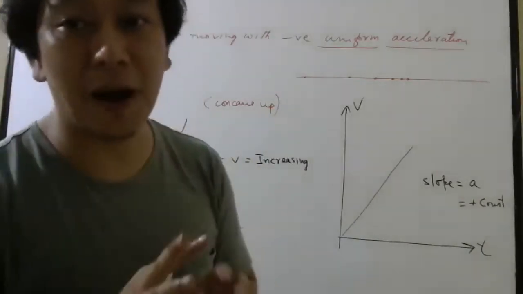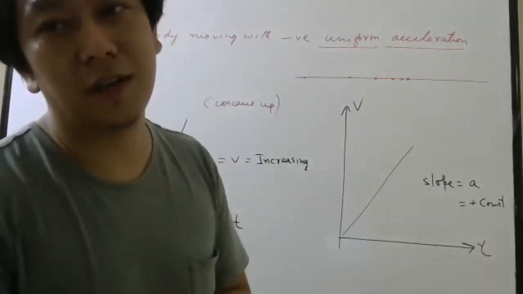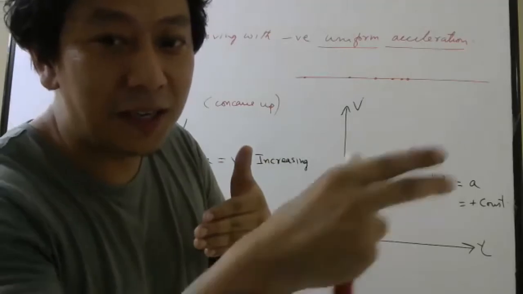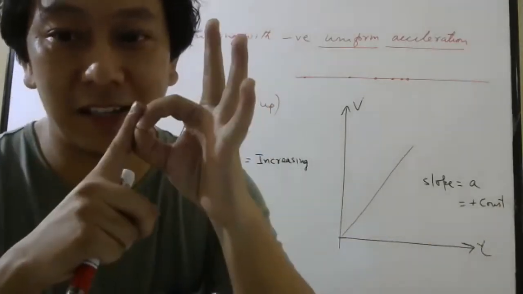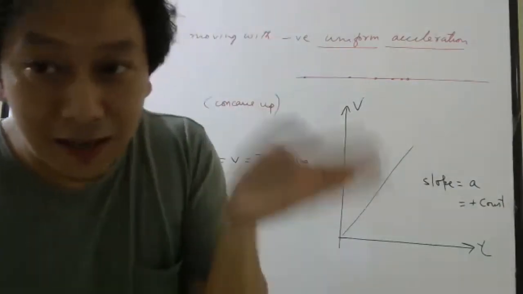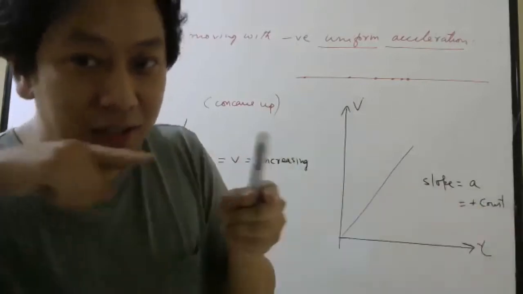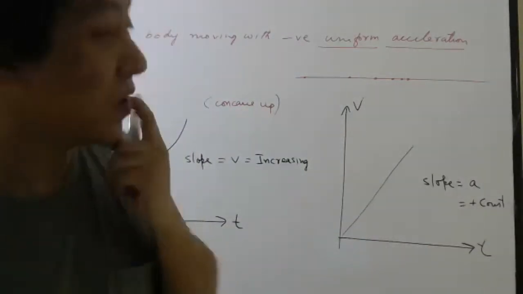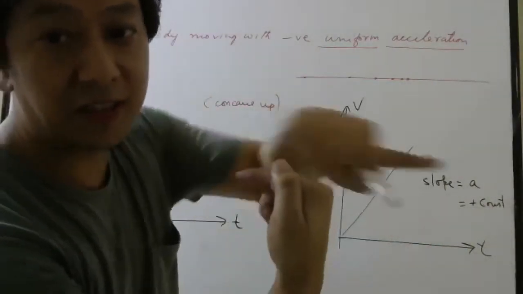So these are the 3 paths you have to concentrate on. The first one was not moving at all. In the second one, it moved equal displacement in equal intervals of time. That time velocity was constant and acceleration was 0. Then we did the situation where velocity was increasing because acceleration was in the same direction as velocity. Now we are doing the opposite. Acceleration is on this side when velocity is on this side.